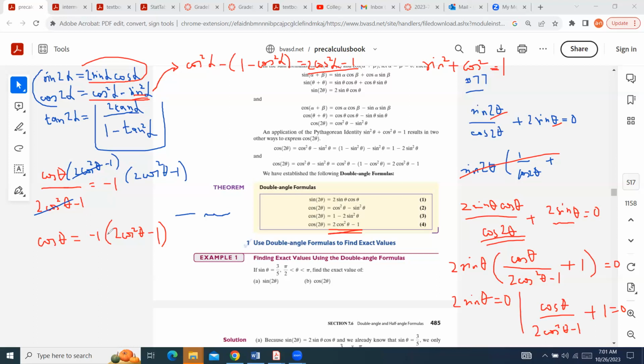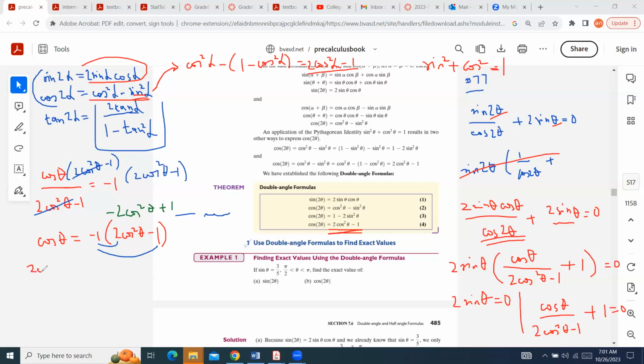So when you distribute, you're going to end up with, let me get another color, so -2 cosine squared and +1. And now I'm going to bring it all to the same side. So finally, I'm going to get a quadratic equation.